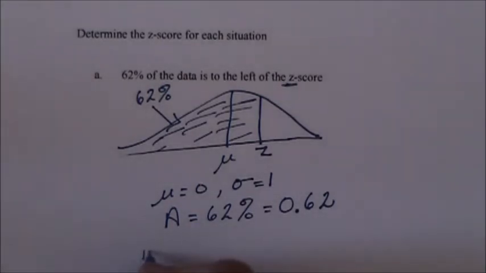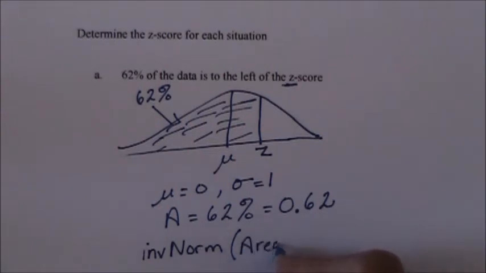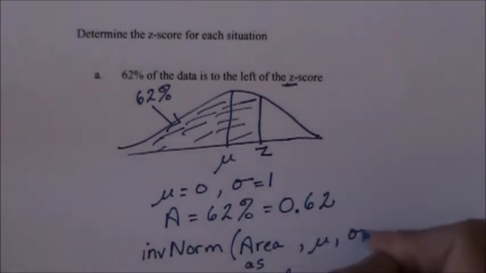Okay, and our inverse norm, first item is our area as a decimal. The next piece is our mean, and then our standard deviation.